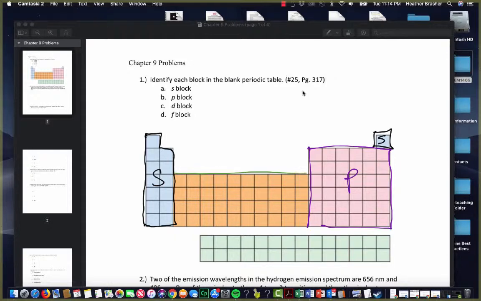The D block is there. And the F block is down here. As you go with electron configurations, and we're talking about the different orbitals, or generally the subshells, right? These are the locations that you're going to need to identify.